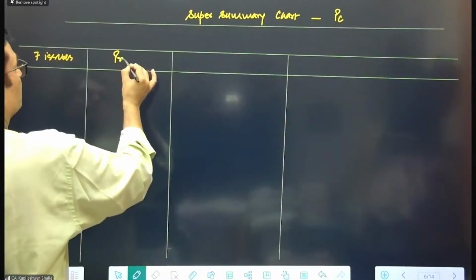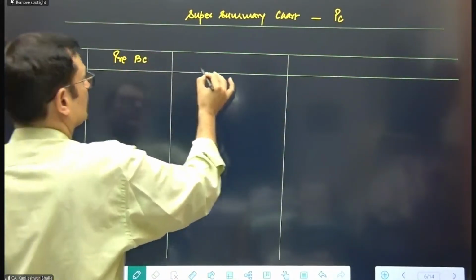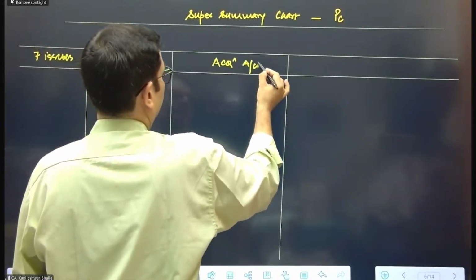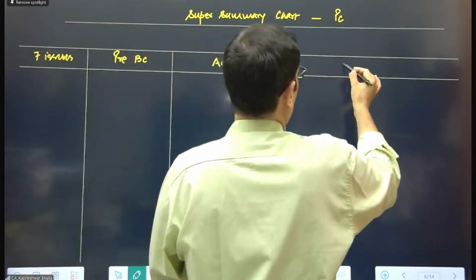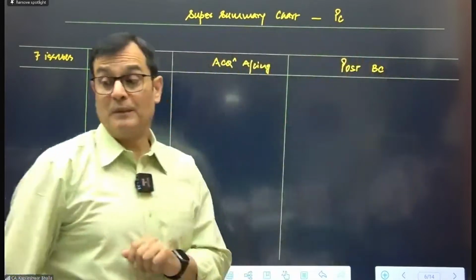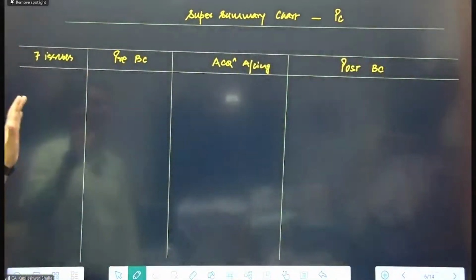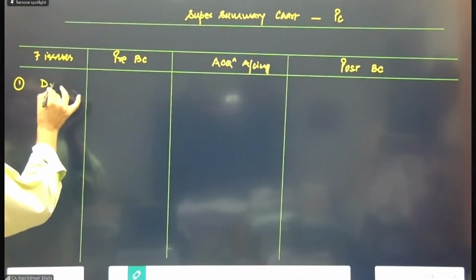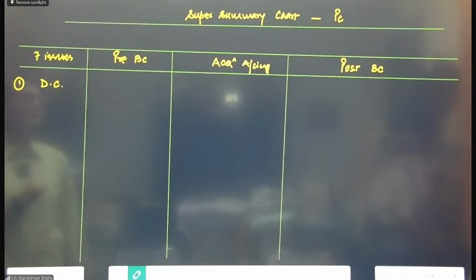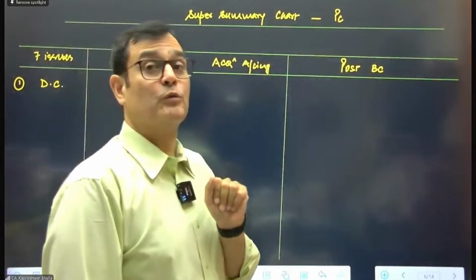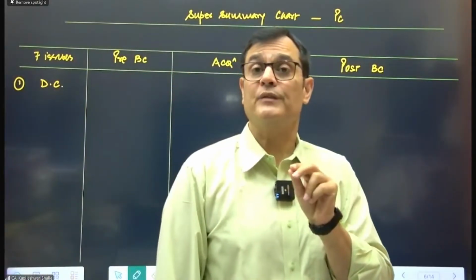So we're looking at pre-business combination, the acquisition accounting, and the post-business combination. Please visualize with me. Let's go step by step. Number 1, I am looking at the deferred consideration. Would there be any impact on the pre-business combination? Would you do any entries before the acquisition accounting if it is a case of DC?